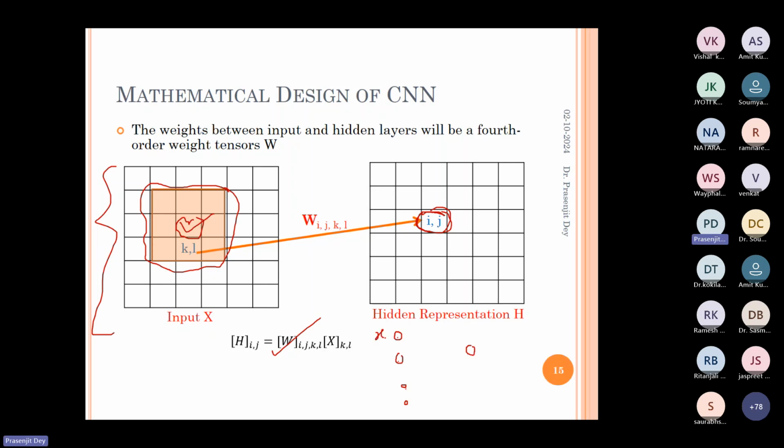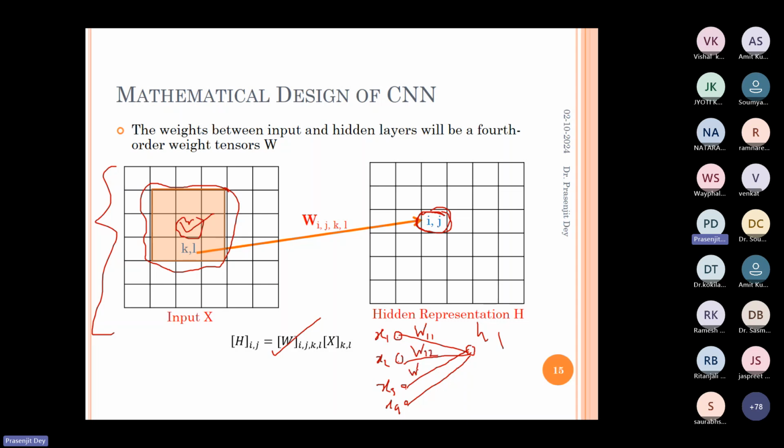So this is X1, X2, X3, X4. This is the hidden node 1. So all are connected now. This will be W1,1, hidden node 1, input node 1. This will be W1,2, hidden node 1, input node 2.